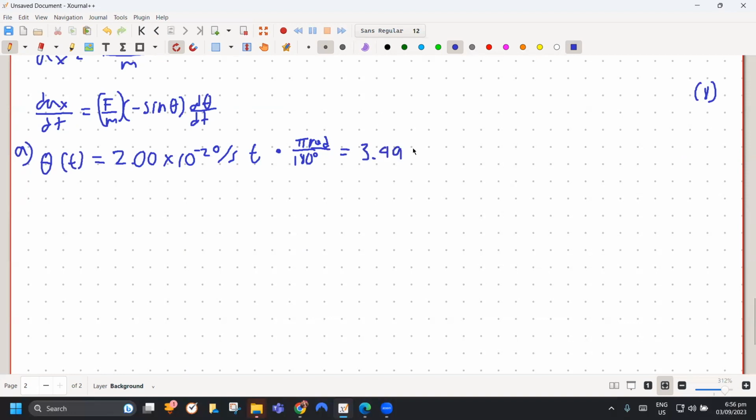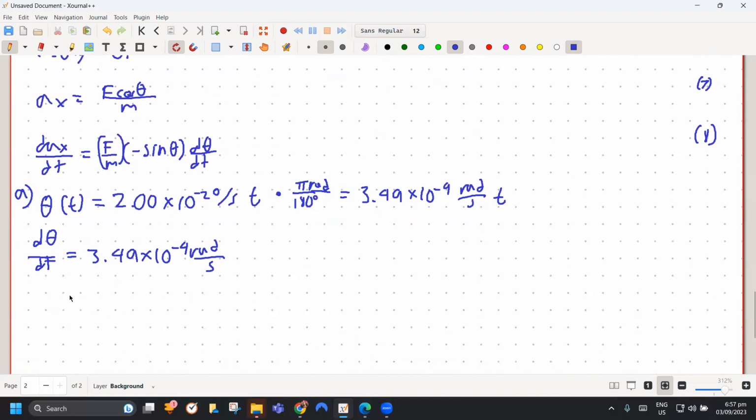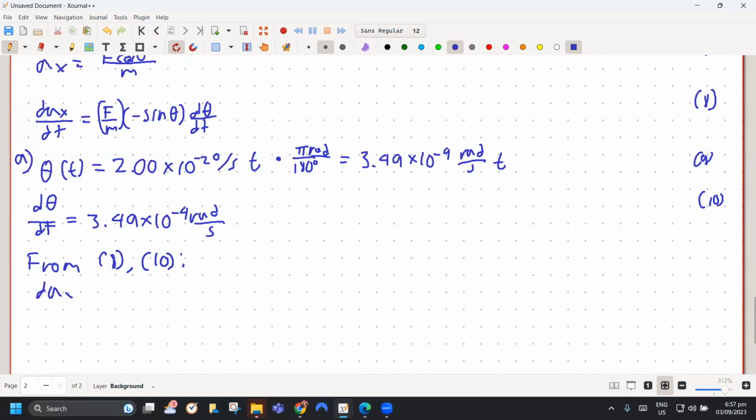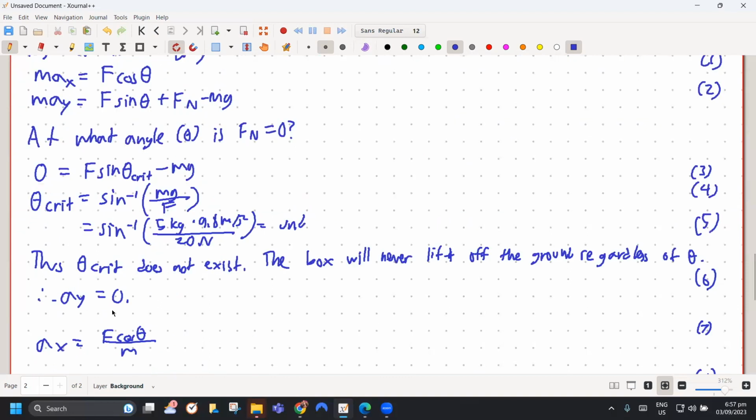Okay, and then d theta/dt is... okay, and then from equation 8... and... don't forget the units.